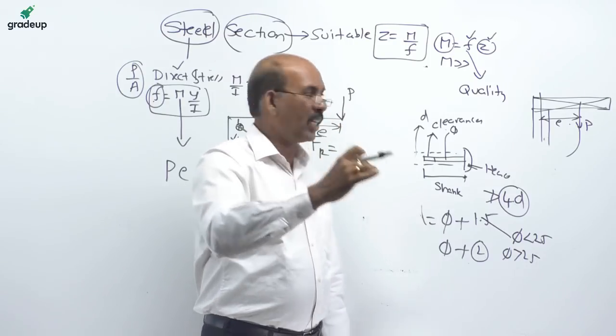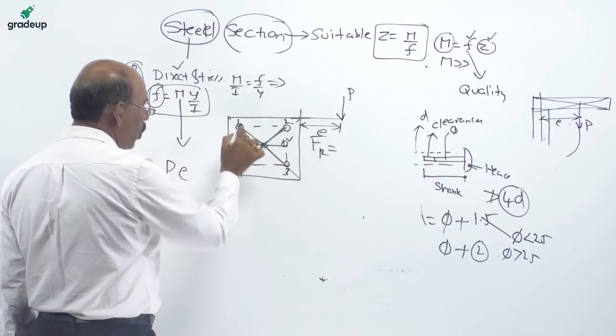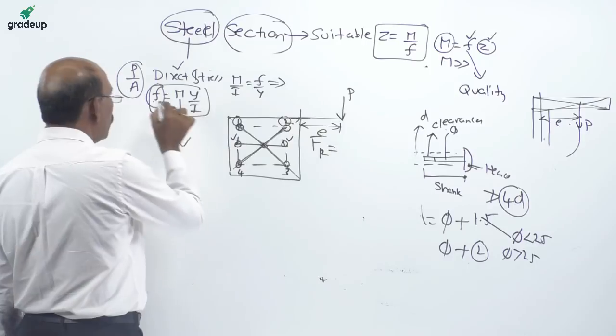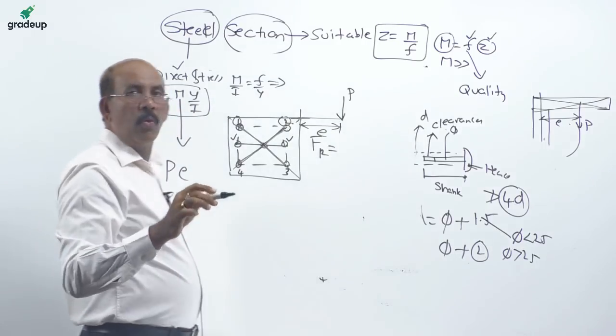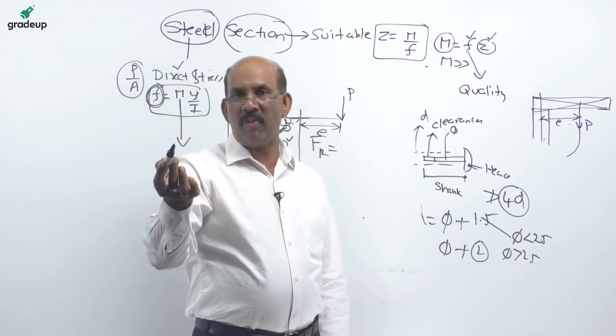So, the combined effect, as I mentioned, in the radial direction here 1, 2, 3, 4: if the radial distance is the same, accordingly this stress also will be the same. The critical position means which rivet will fail first.